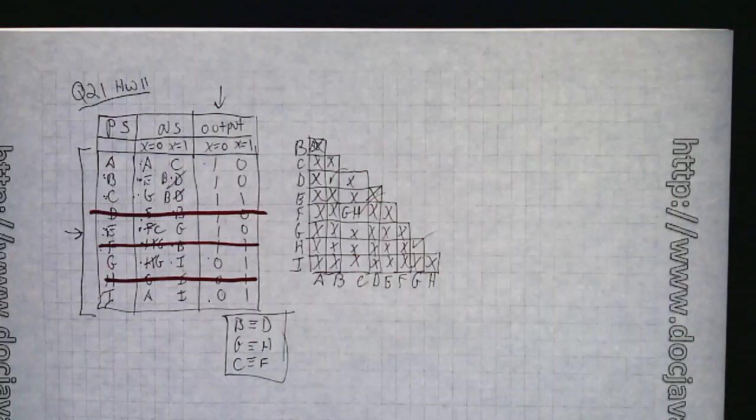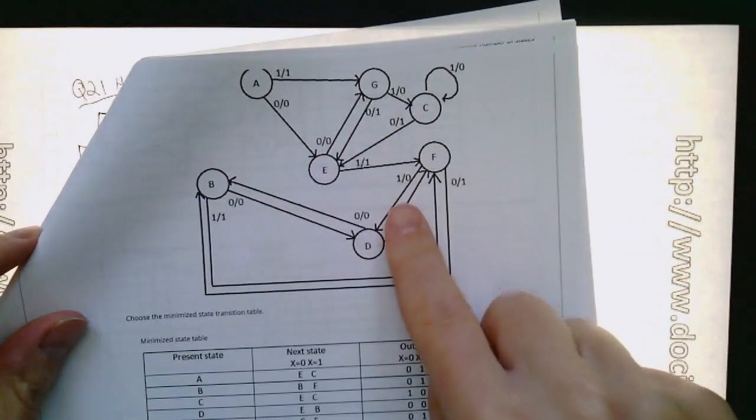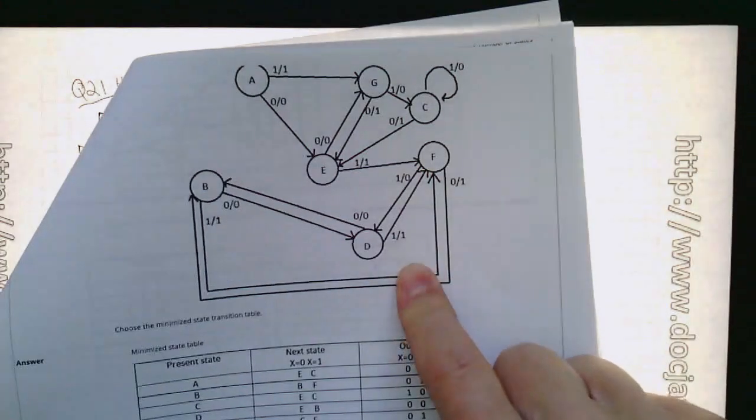So if you have homework number 11 in front of you, and you turn to question 22, here's an example. This is from question 20. It's a simpler example. So here's the finite state machine diagram.